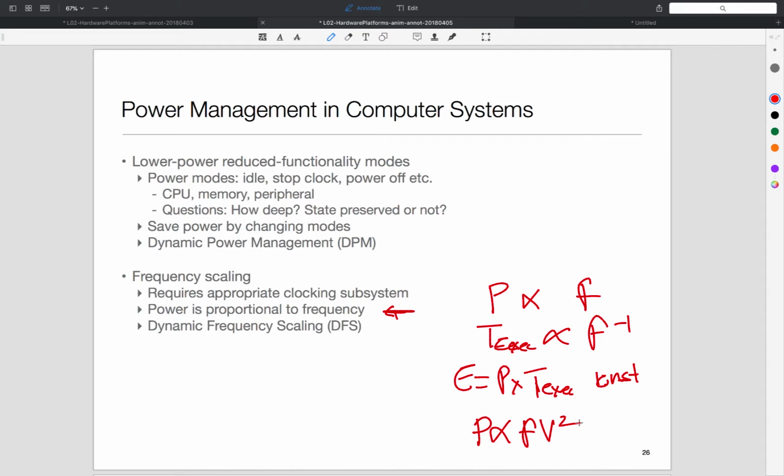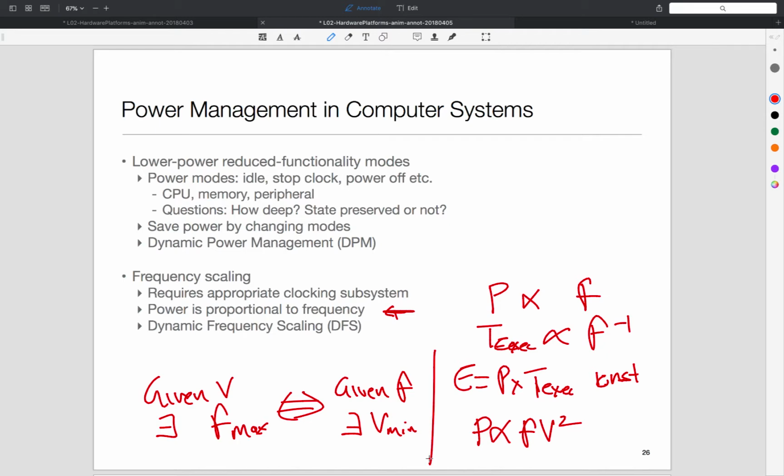So for a given voltage, there exists an F max. Or conversely, given the maximum frequency you want to run the circuit at, you must have a minimum voltage. Equivalently, given F, there exists a V min.